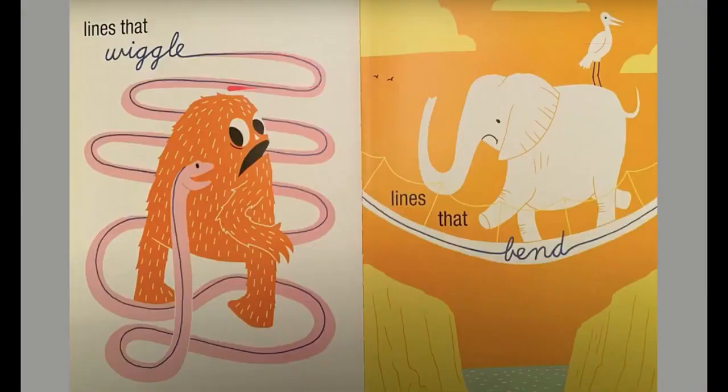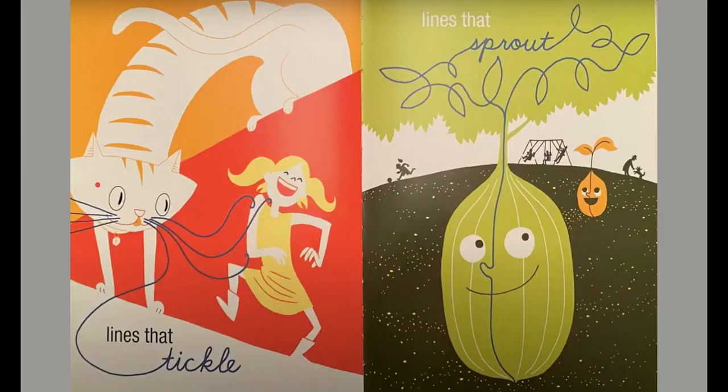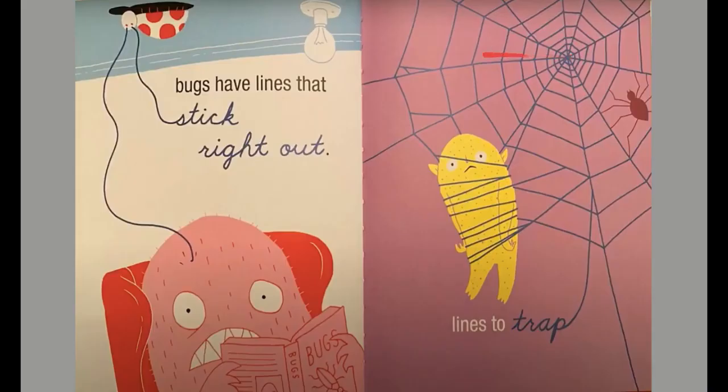Lines that wiggle. Lines that bend. Wavy lines from end to end. Lines that tickle. Lines that sprout. Bugs have lines that stick right out.